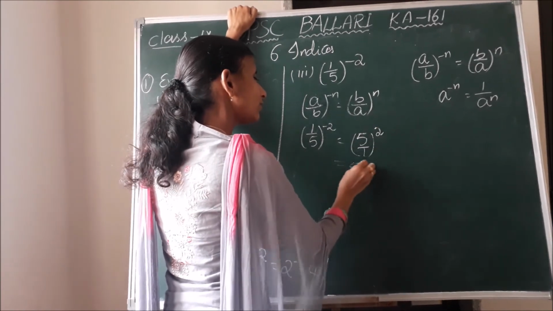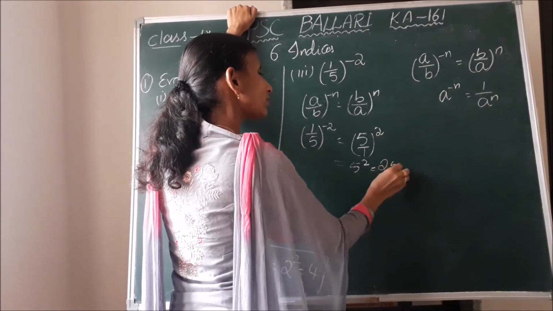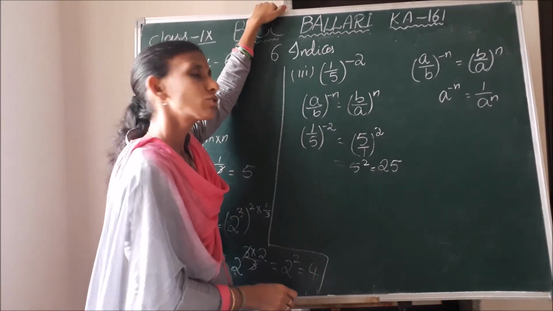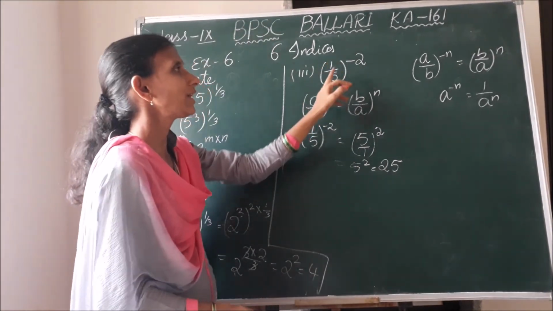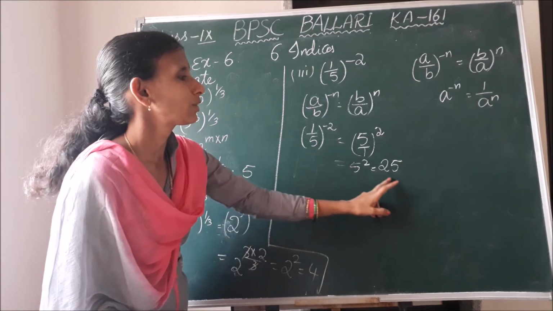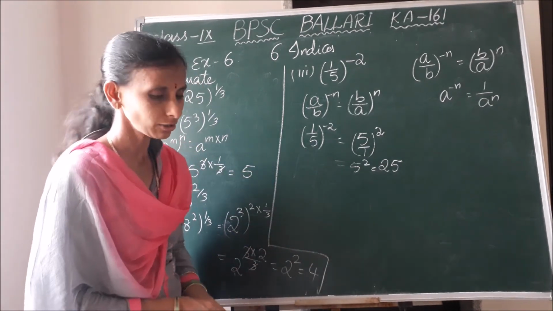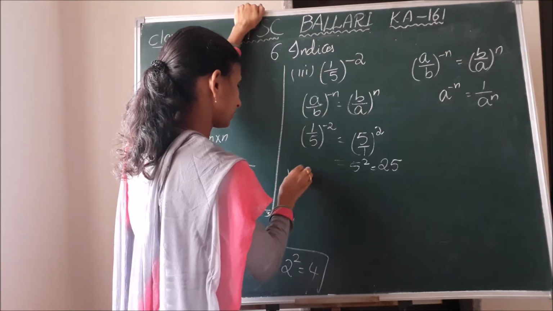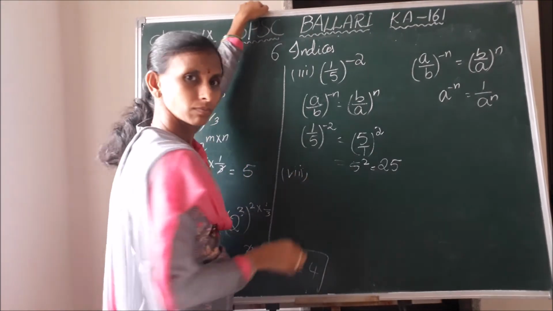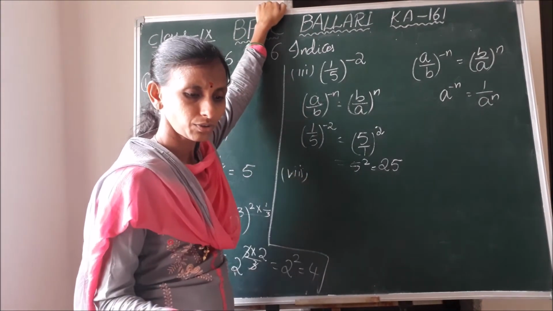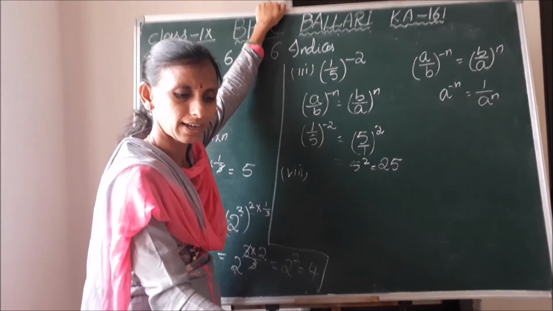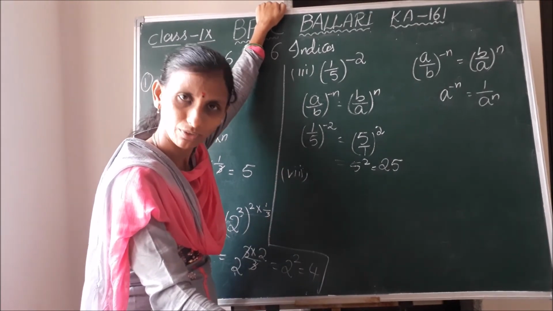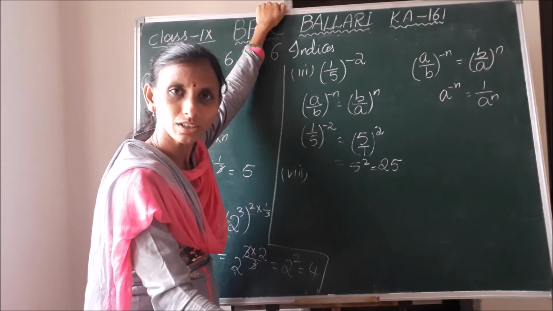That is equals to 5 square is equals to 25. So the value of 1 by 5 whole power minus 2 is 25. So 4th, 5th, 6th and 7th are similar type of problems. You can try it on your own.